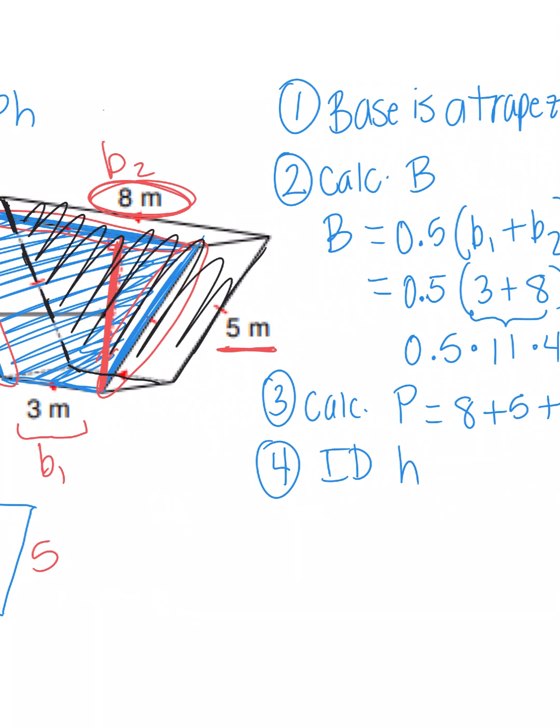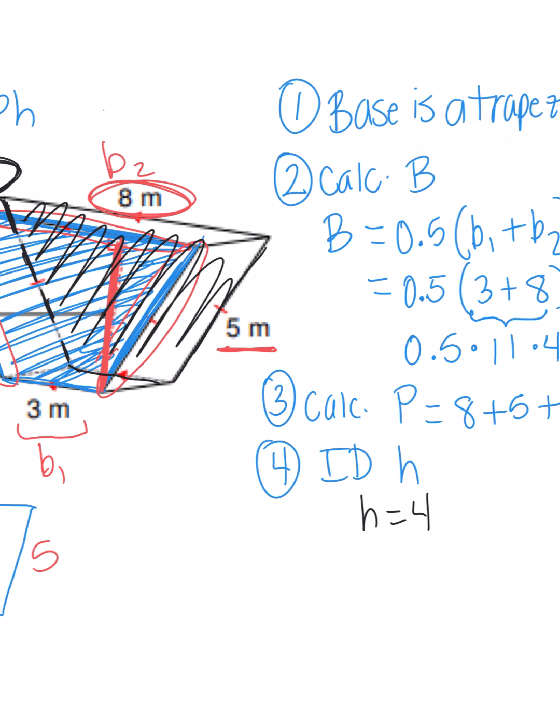So I want the piece that's connecting the blue trapezoid to the black trapezoid, because those are the 2 bases. I can tell that that's going to be this 4 right here, because if I were to sit this prism on a trapezoid, that 4 would be the height. This would be much easier to explain if I could show you physically with a trapezoidal prism. But since I'm not there to do that, just remember it is the thing that connects the 2 bases, the front base to the back base. So my height is 4.